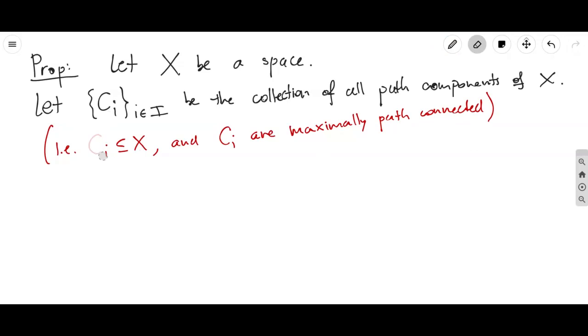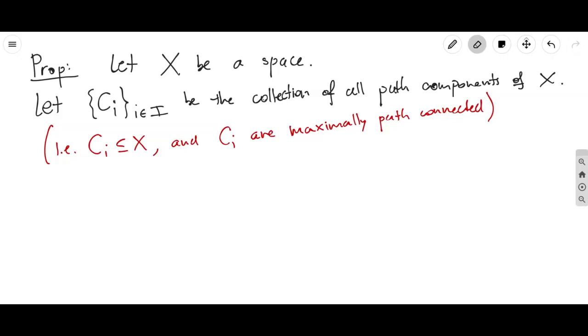So you find all of the path components. In the picture that we drew earlier, we only had 2 path components. You could have 1 path component: if X is already path connected, then the subset of X, namely itself, will be a path component, because that's as big as you can go. X is your universe.